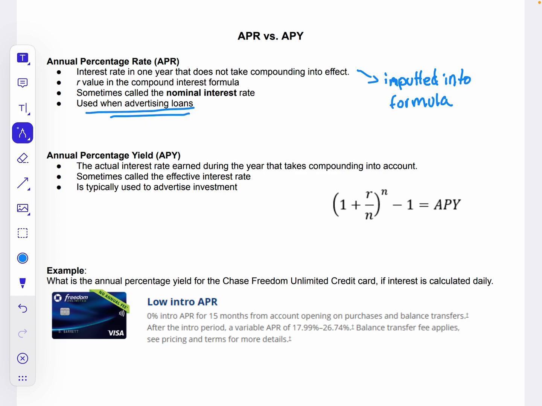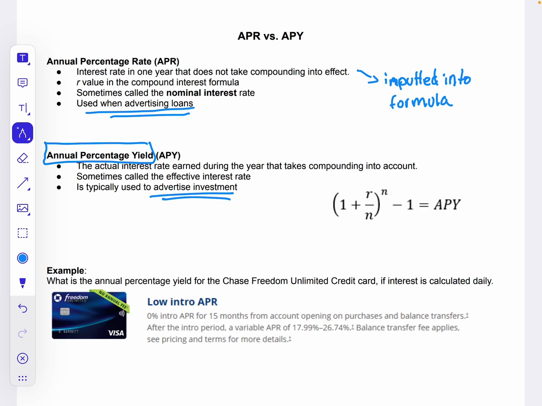That is contrasted with the annual percentage yield. So this is the actual amount of interest that's earned in a year. It takes the compounding into effect. And so you could almost think of it as the percentage output from the actual dollar amounts. It's looking at the end and how much percentage did it grow each year. And typically, obviously, investments are going to give you that APY value.